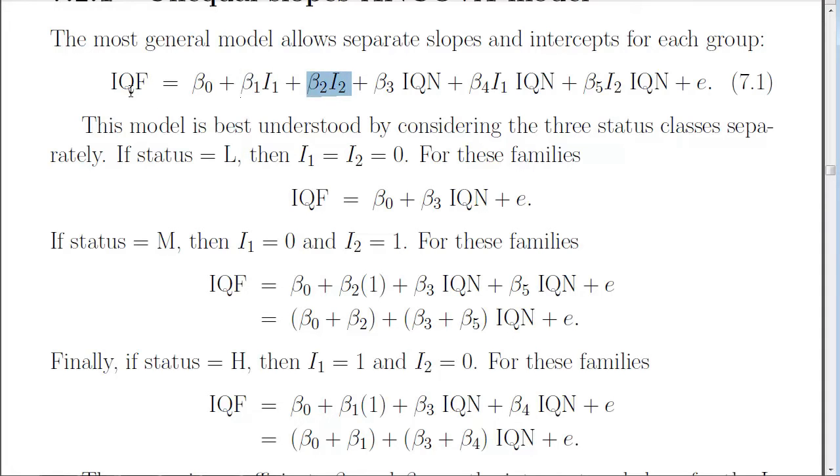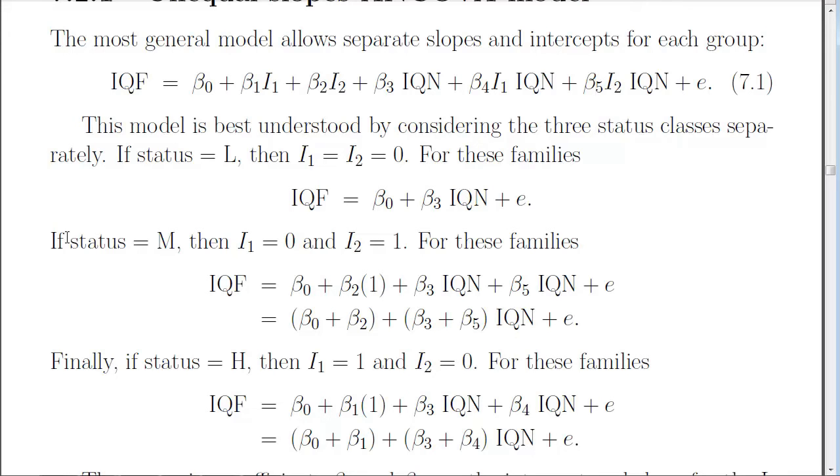And we're left only with IQF equals beta naught, plus a bunch of zeros, plus beta 3 IQN, plus the I1 term, which is 0, and the I2 term, which is 0. And so this is the regression model for the low status group. Beta naught plus beta 3 IQN.